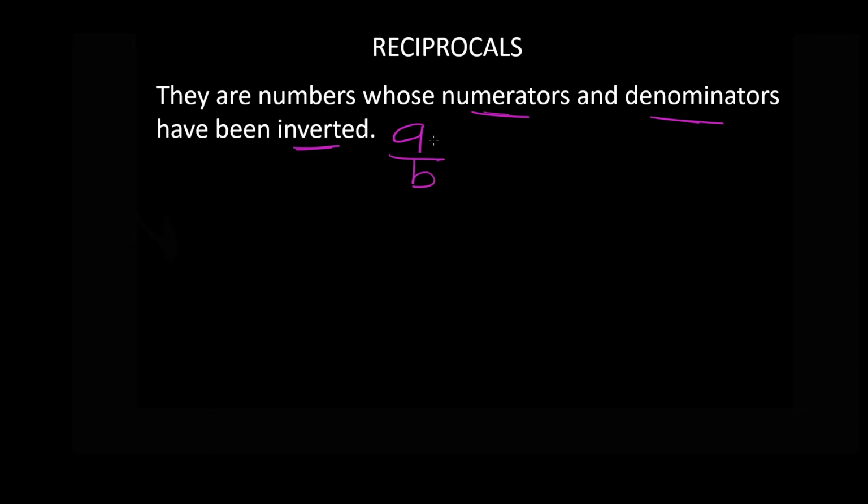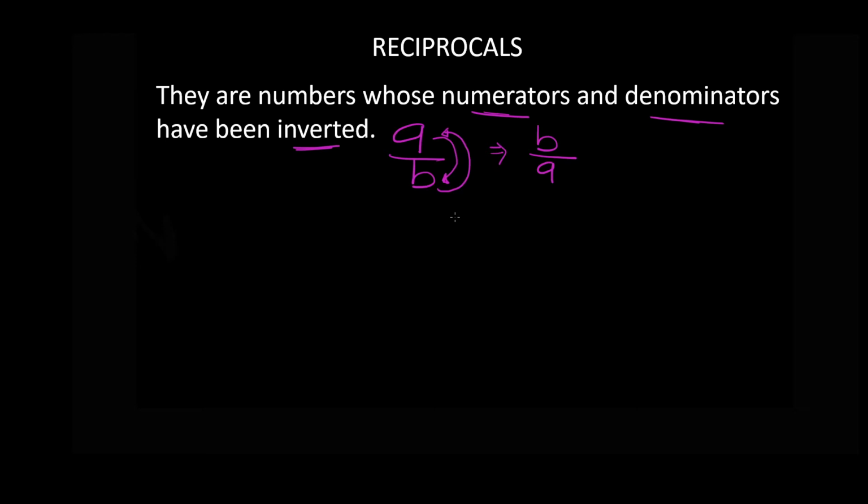So the A, which is the numerator, comes to the bottom, whereas the denominator, which is B, goes to the top. That means the reciprocal of A over B becomes B over A.